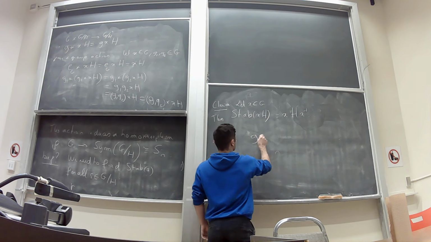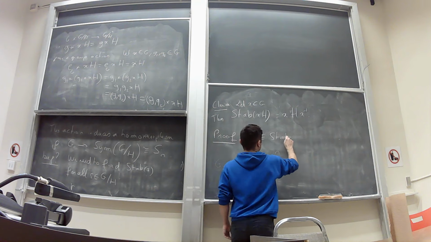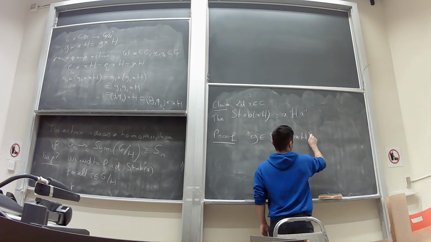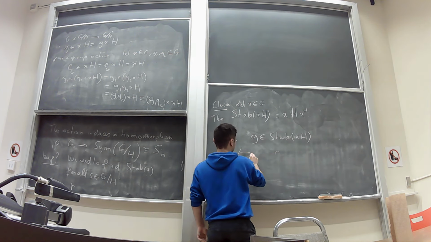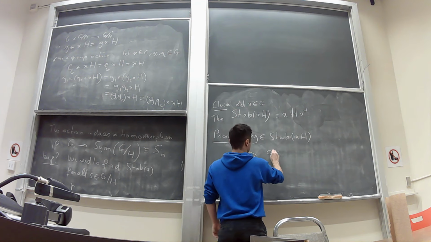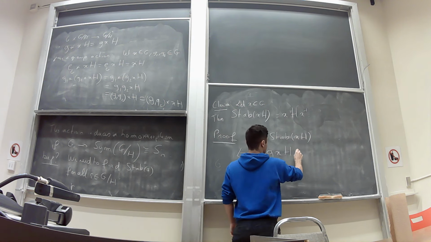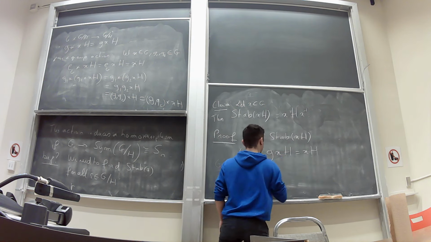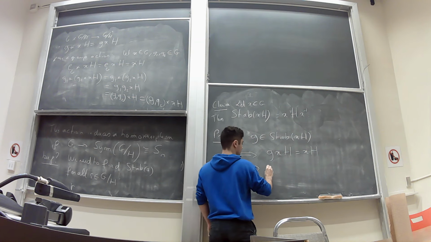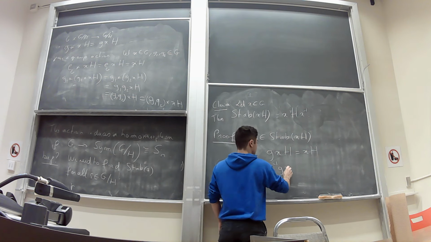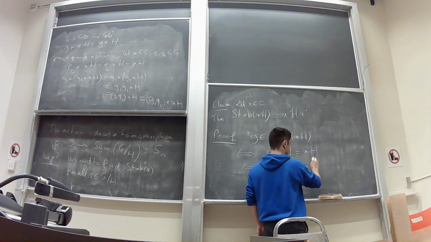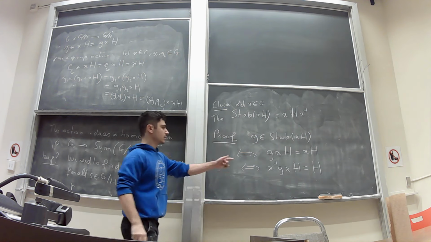So g belongs to stab(xH) if and only if gxH is equal to xH, if and only if x inverse gxH is equal to H. Right, now this is obvious here.